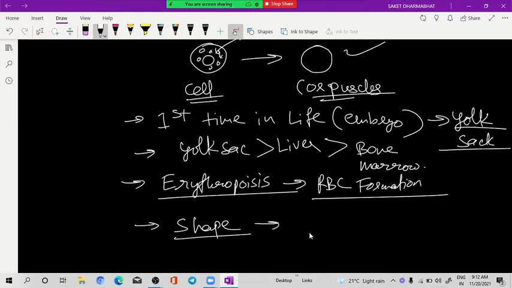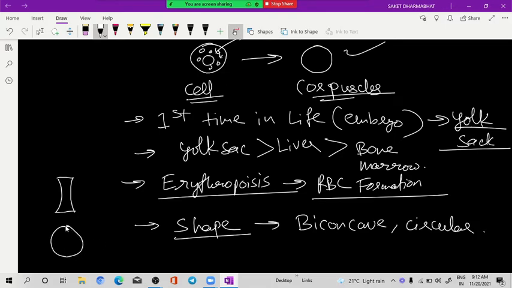Our shape of RBC is what? Biconcave, circular. Okay, biconcave and circular means from the lateral side, if you see the cell, it is looking like this. But from the dorsoventral side, if you see the cell, it will look circular.